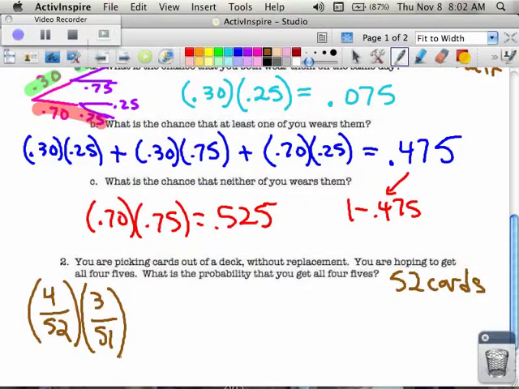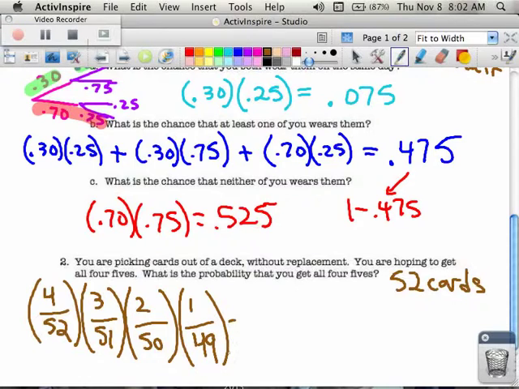And then there are 2 5s left over, and there are only 50 cards left over. And then, to get that last 5, there's only 1 in the whole deck, and there are 49 cards left over. In order to find out your likelihood of this happening, you would multiply those fractions together.